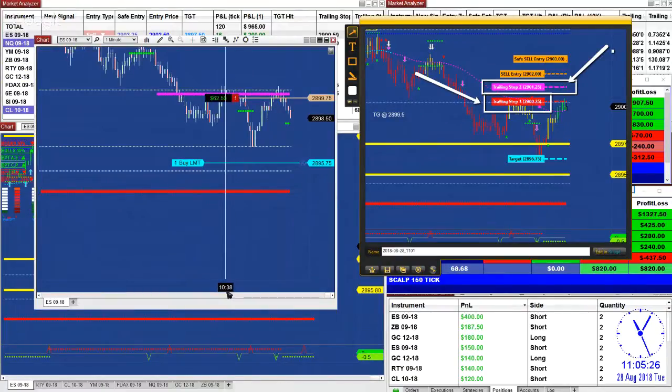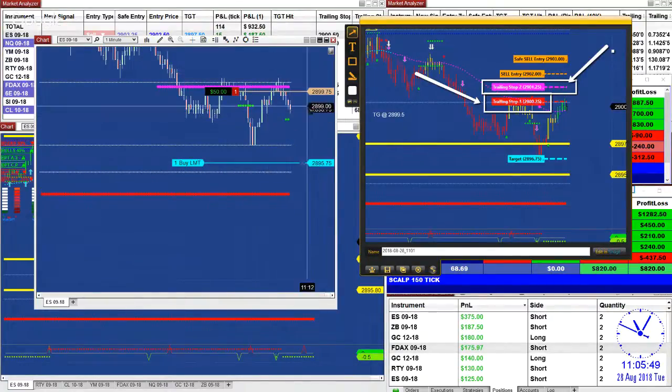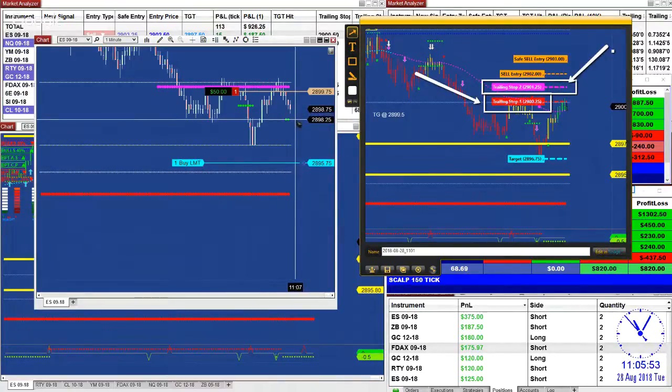Every time you see double resistance, there is money. 8 out of 10, there is money. Every time we see two lines close to each other, this is money. On a chop day, maybe your destination will be much shorter than on a normal day, but you still can find a place to take a trade.